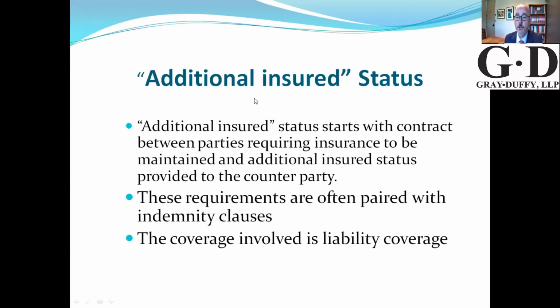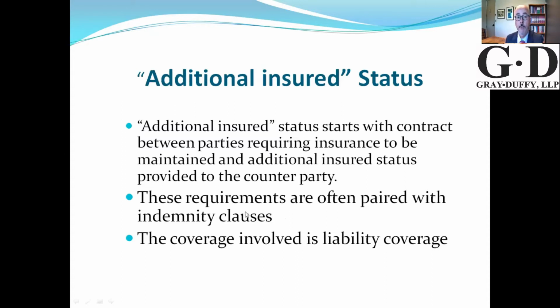So additional insured status starts usually with additional insured status being requested in a contract between the parties, which requires both that the insurance be maintained and that the other party, the counterparty, be given additional insured status.